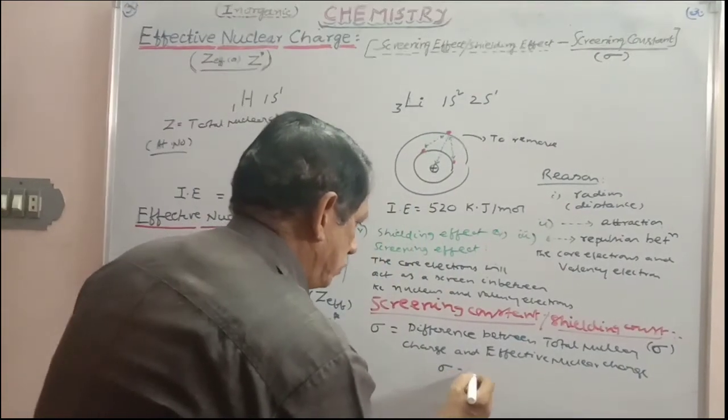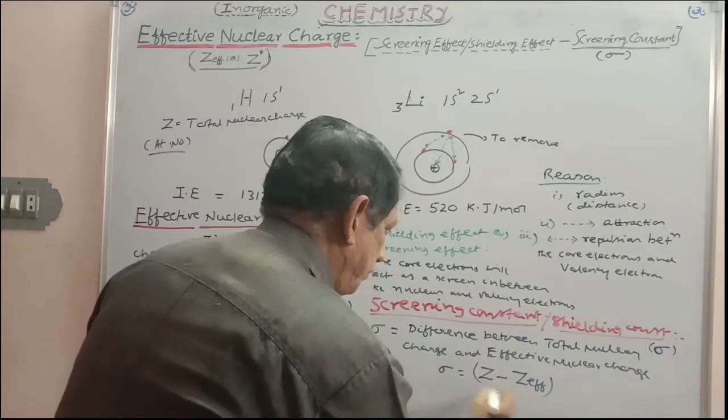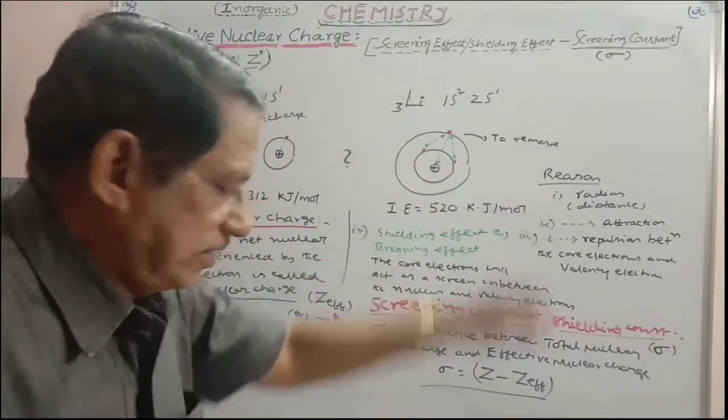So, sigma is equal to Z minus Z effective.